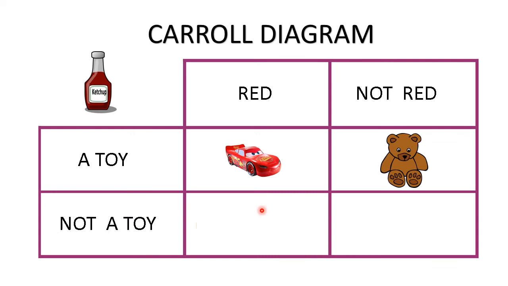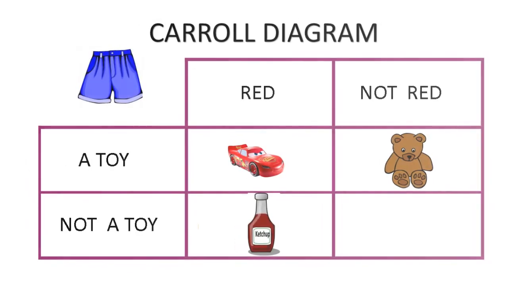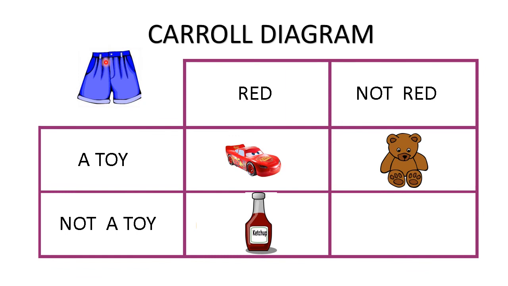So it goes here, the crossing between red and not a toy. Finally, we have a pair of shorts, which are not red and they are not a toy. So they go in the crossing between not red, not a toy, in here.